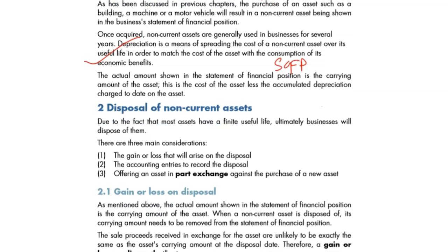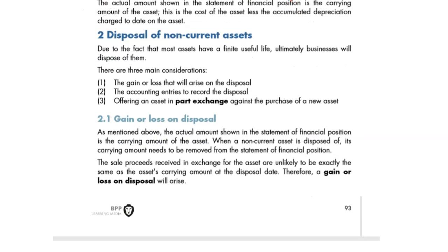But more importantly, in this video, we're going to talk about disposals, sales of your non-current assets. There are three main considerations when we dispose of a non-current asset. Number one, whenever we sell the asset, we either sell at a profit or loss, don't we? We get money, cash or bank money, but after selling the asset, it could be a profit or loss.